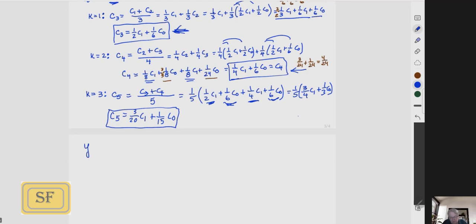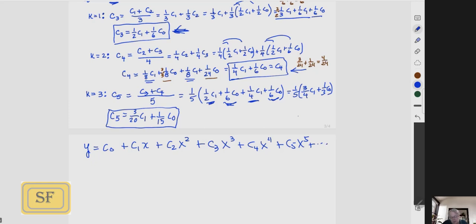Our solution is a power series. It looks like it has a constant term, and then an x term, an x squared term, x to the third, x to the fourth, x to the fifth, and so on. As many terms as you need.